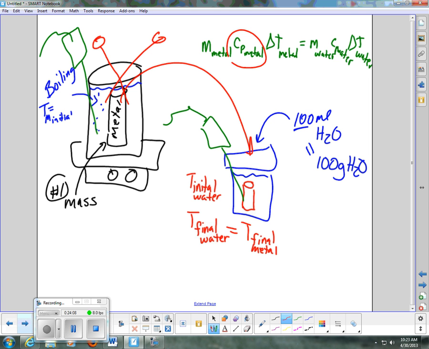So we're going to practice this in lab next time. It's really fast and easy. Once this comes to equilibrium, I don't have to dump it out. I just start at a new temperature, take another metal that started at this temperature, move it over here, and see how high it goes from there.